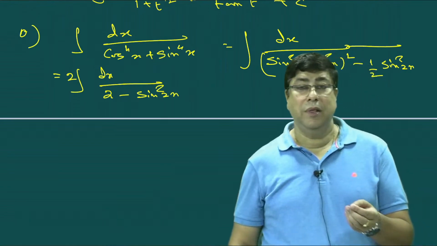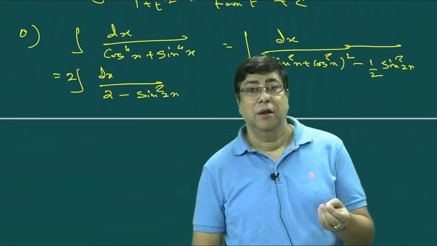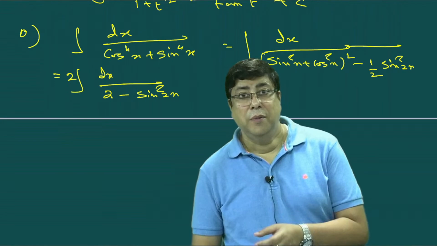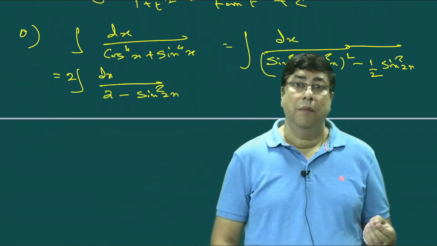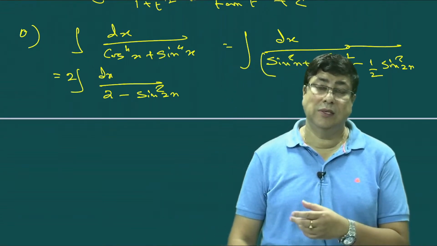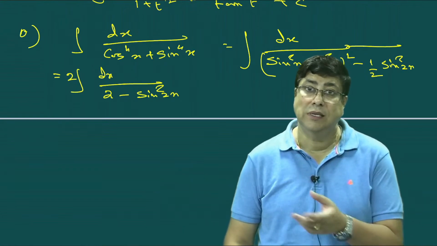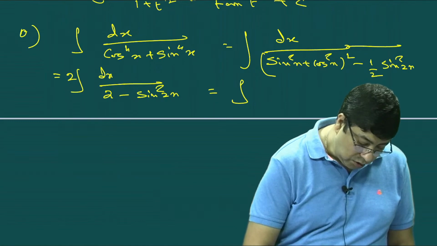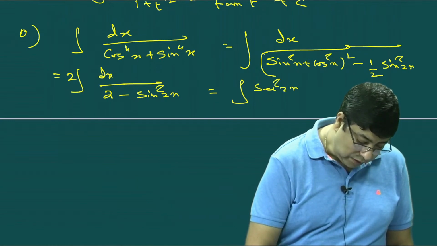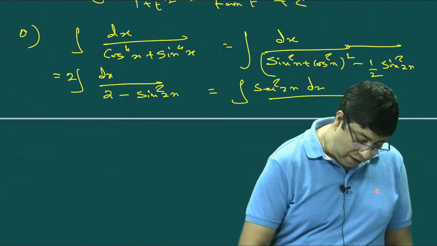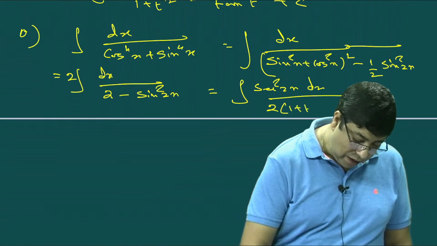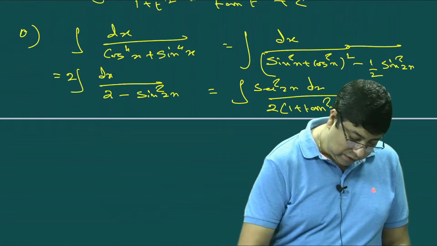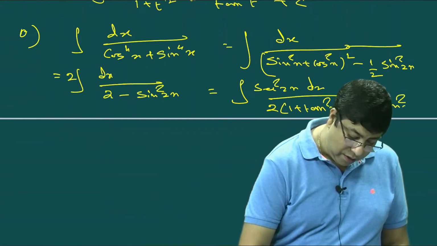Now there are two ways. One is we can just take the multiple of the tan, or we can multiply by sec square 2x in the numerator and denominator, and take tan 2x as t. There are a number of ways to solve the sum, as you think better. So multiply sec square 2x dx, and here 2 sec square means 1 plus tan square 2x minus tan square 2x.